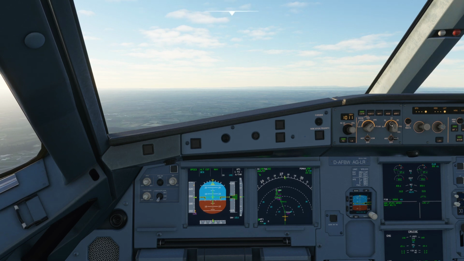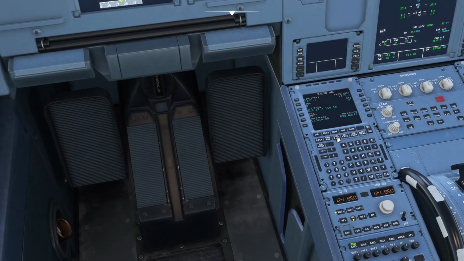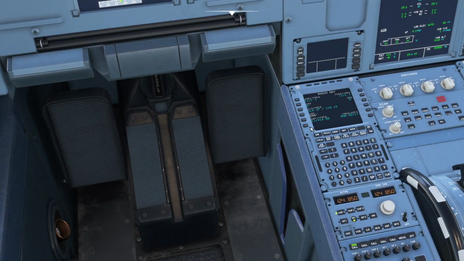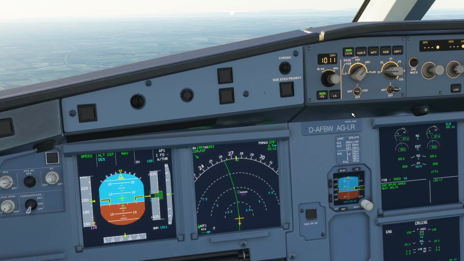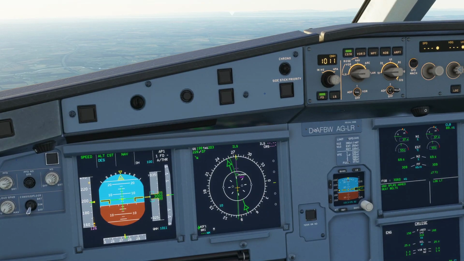You can see now we're starting to get close. That NDB that I've tuned in on that RadNav page, that 414.0, you can see that when we go to the ILS, you can see that green arrow flashing away. It's the same on the VOR tab. If we were flying a VOR approach, that green flashing arrow is tracking the NDB.